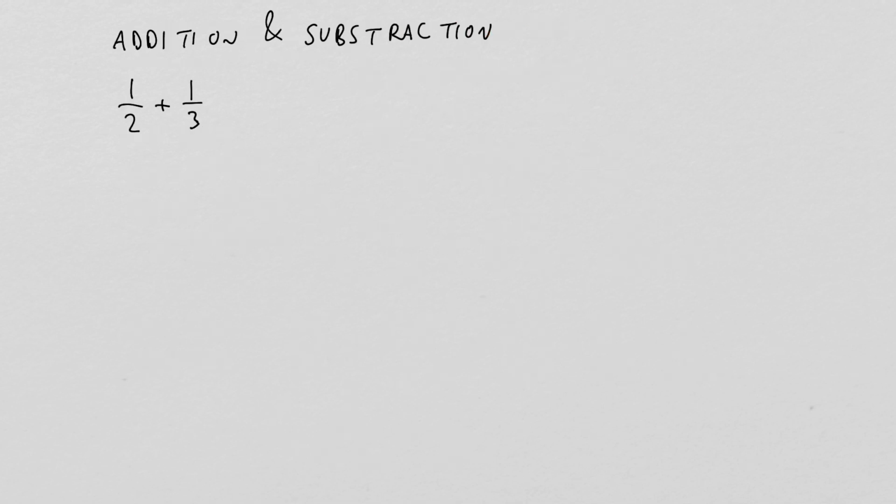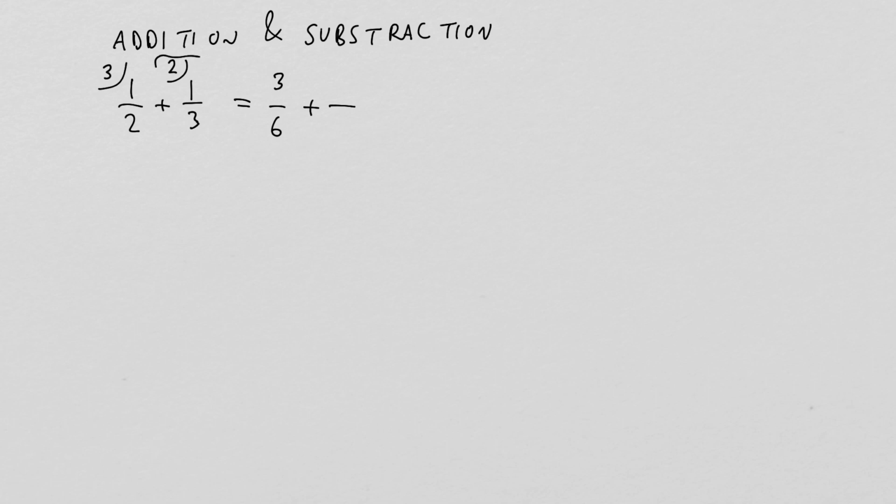Let's talk about addition and subtraction of fractions. If we want to calculate 1/2 plus 1/3, we would want to first get a common denominator for these numbers. Well, if we multiply both the numerator and denominator by some suitable numbers, we will get a common denominator. 3 times 1 is 3, 3 times 2 is 6.